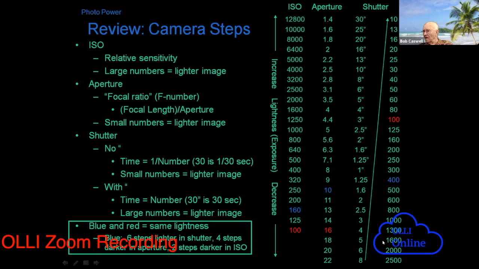And so if you are at the red numbers, and this is why there are red and blue numbers for this example right here. If you're at the red numbers, 1/100th of a second, f16, ISO 100, and you choose to change the shutter speed from 100 to 400, that's 6 steps. 1, 2, 3, 4, 5, 6.